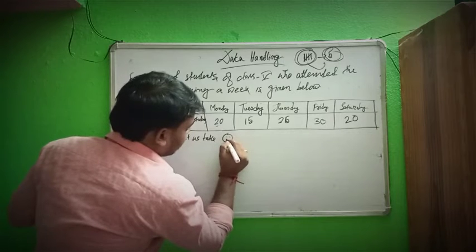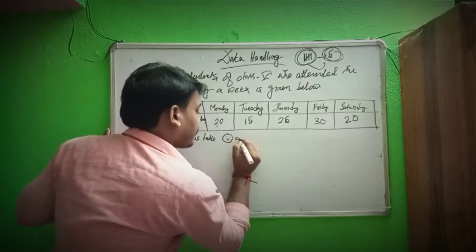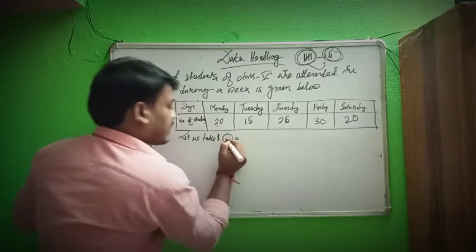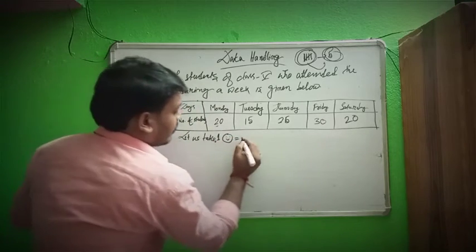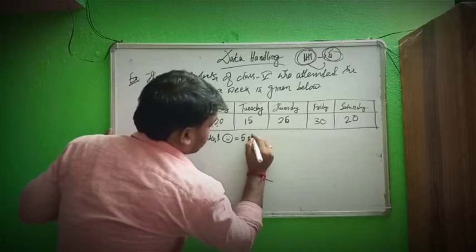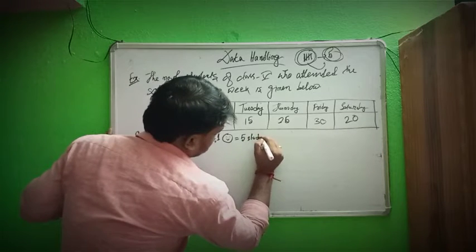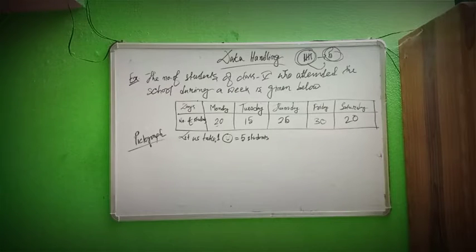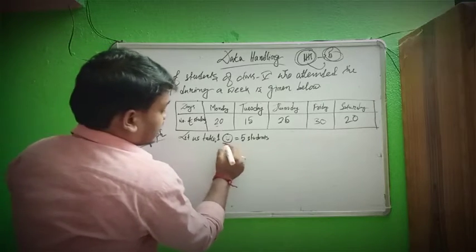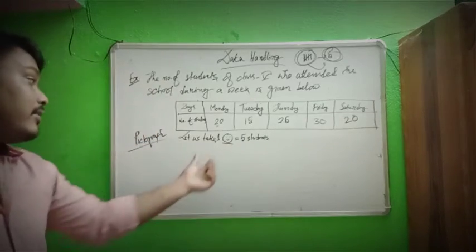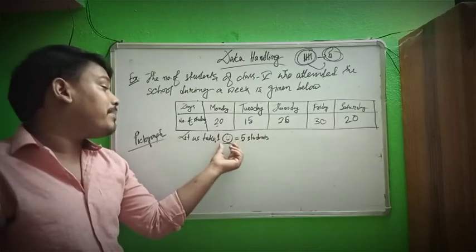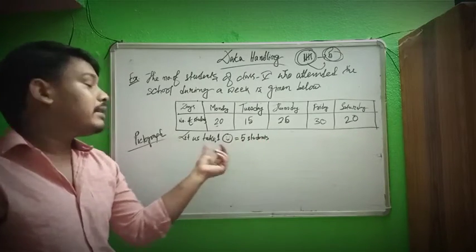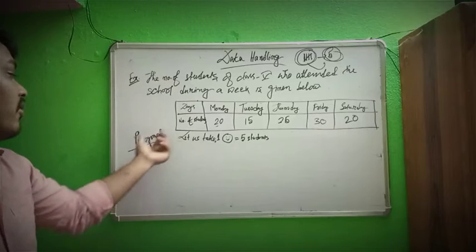One symbol equals 5 students. So one symbol means 5 students. We define 5 students by one picture. That's why this is called a pictograph.